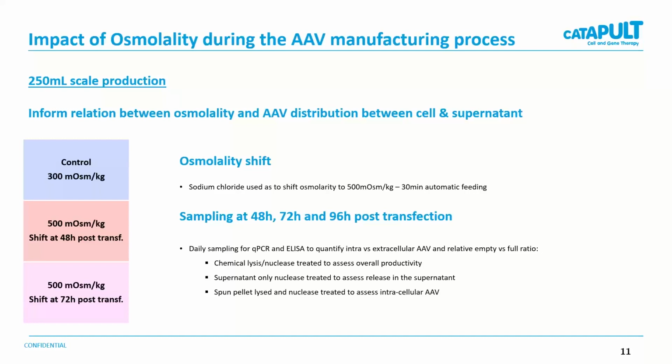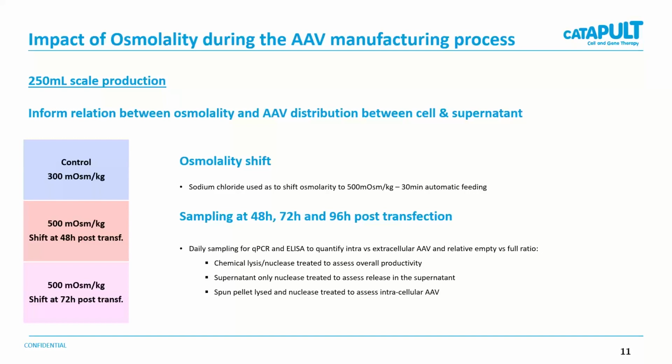That's why we decided to go for lysis at 3 different time points to assess this distribution: 48 hours post-transfection, 72 hours, and 96 hours. For every time point, we did 3 different samples. First, a standard chemical lysis of the cell culture. Then just a supernatant harvest treated with nuclease.